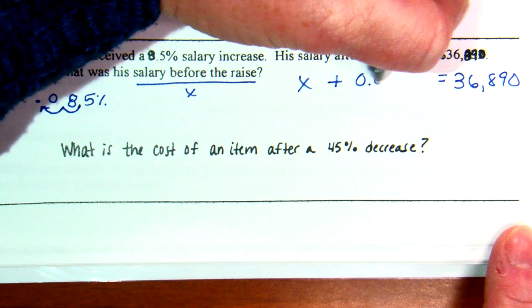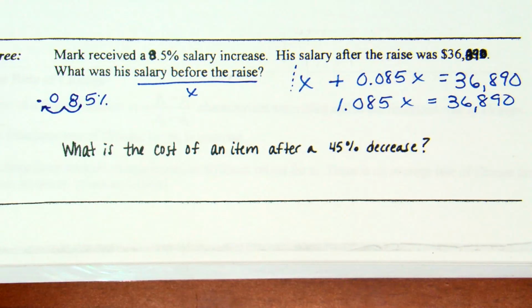Carry that thought process over. What is the cost of an item after a 45% decrease? So now we're subtracting. Okay, again, we don't know the cost of the item, but this time we're subtracting. So the idea of doing X minus 0.45X, because you're doing 45% times the cost of the original.